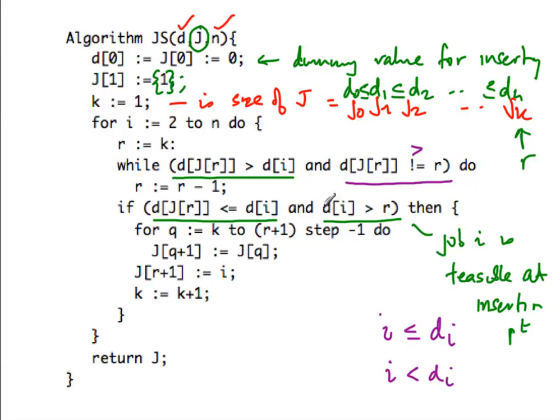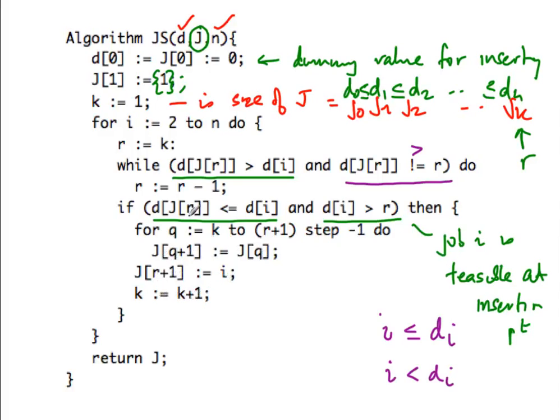Okay? So if I found the correct position and that position is feasible, then I take everything to the right, from R plus 1 up to K, and I move everything to the right. I move Q to Q plus 1, and finally at position R plus 1 I insert I and I increase the size of the set to K plus 1.